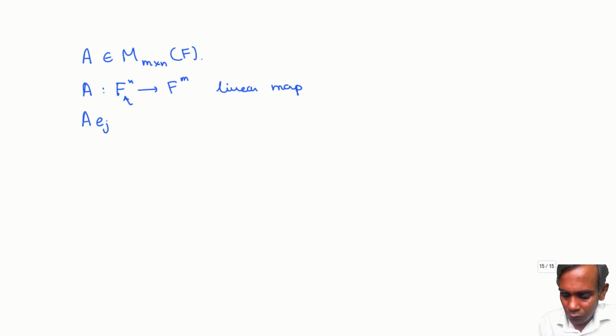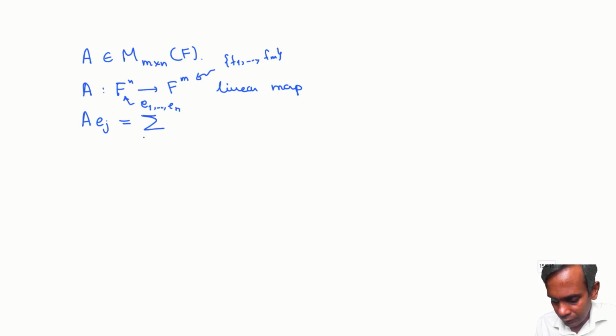Let's take for F^n the basis e_1 up to e_n, and for F^m the basis f_1 up to f_m. Then A e_j is the summation i goes from 1 to m of a_ij f_i. So this is the usual way in which we think of matrices as linear maps.